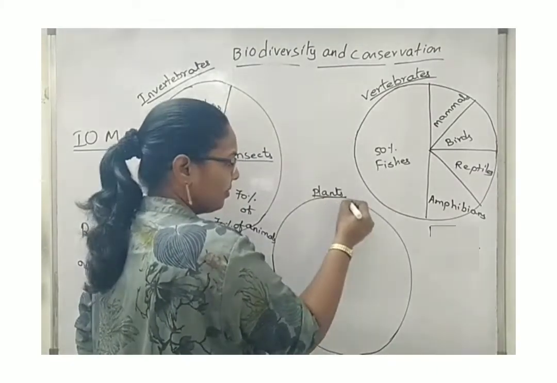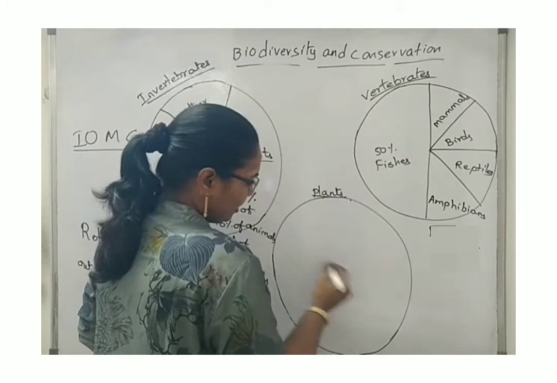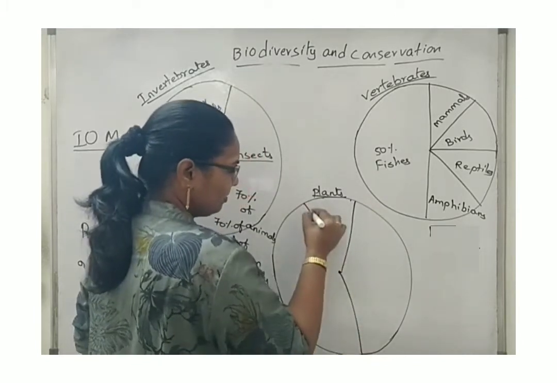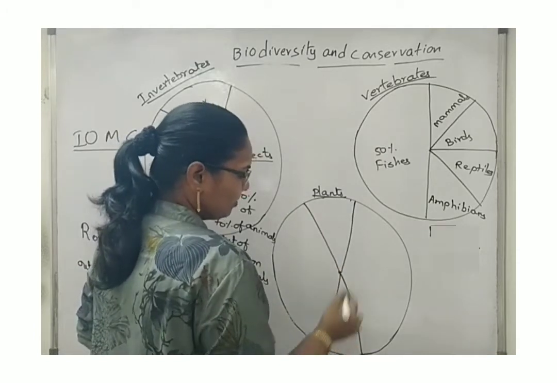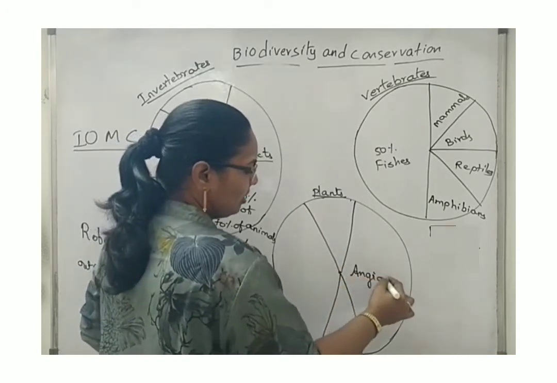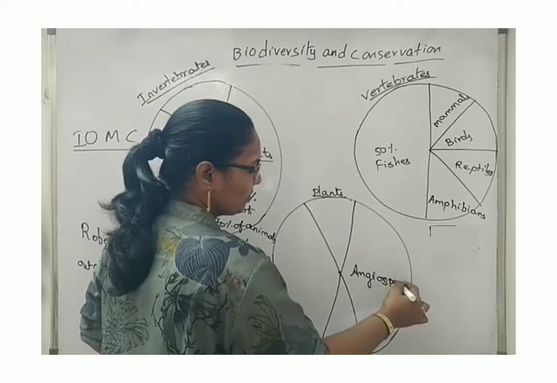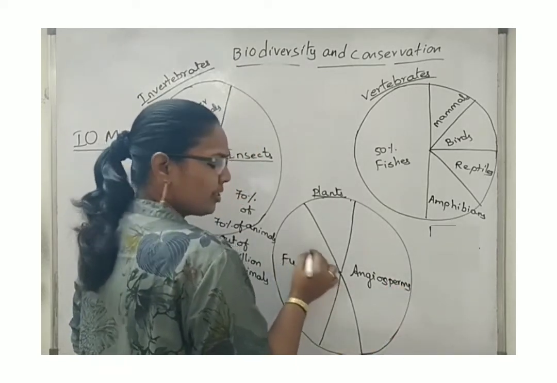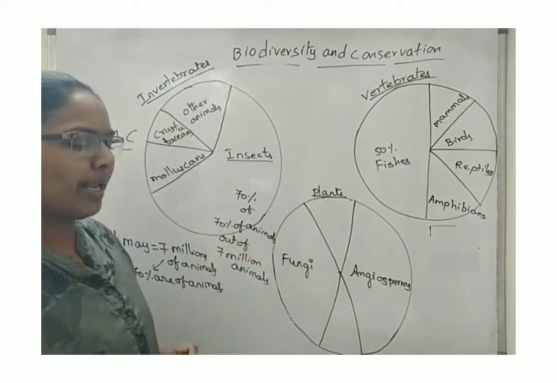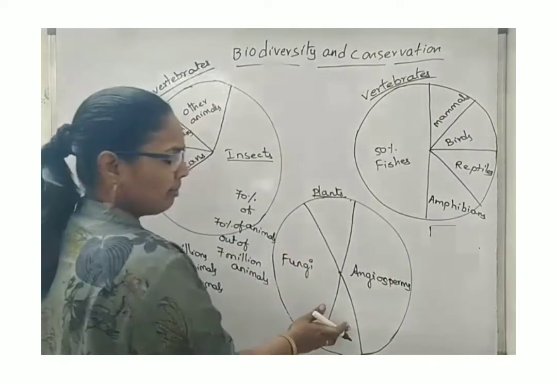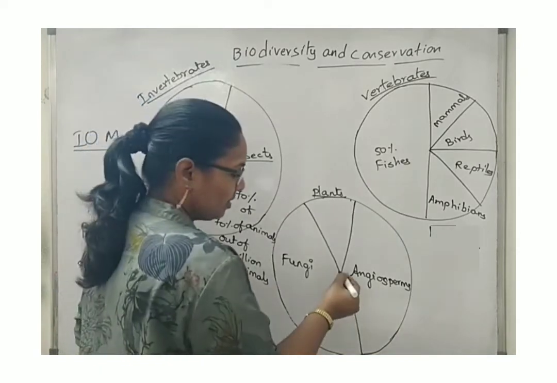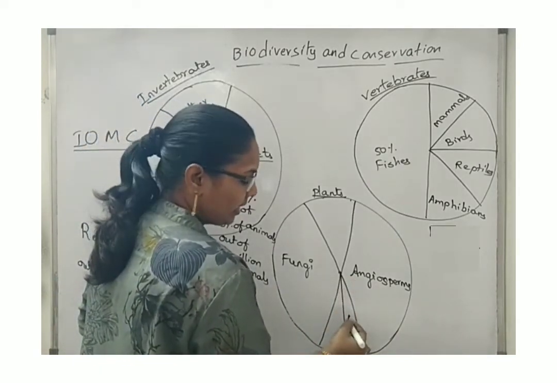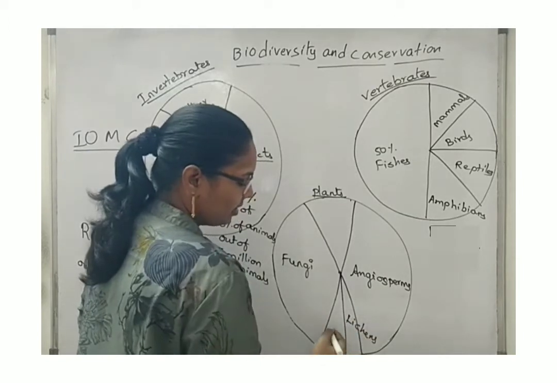Among plants, the angiosperms and fungi take the major percentage. So here we will write angiosperms in one part and fungi in the other. Fungi do not come under plants, but here we are looking at more numbers of plant types. This one is lichens and this is algae.